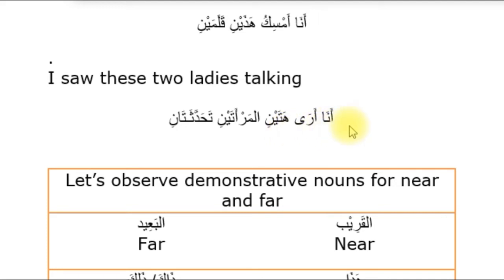Let's read through. أنا, I am. أرى, I saw. هاتين, these two. مرأتين, two ladies. تحدثتان. أنا أرى هاتين مرأتين تحدثتان.